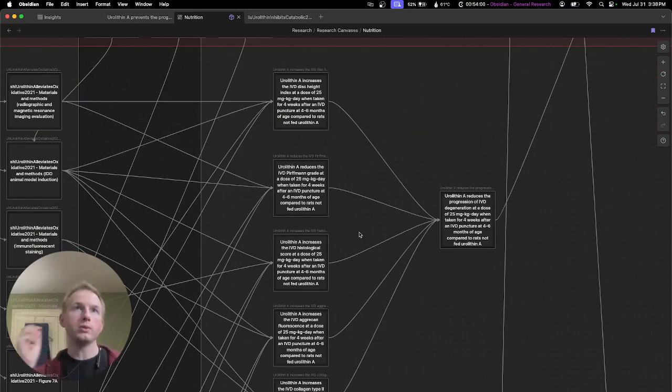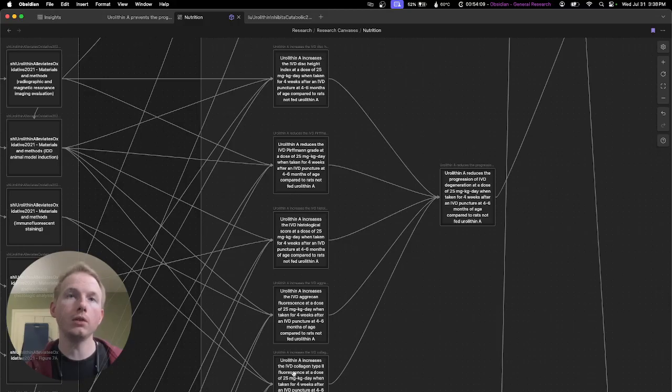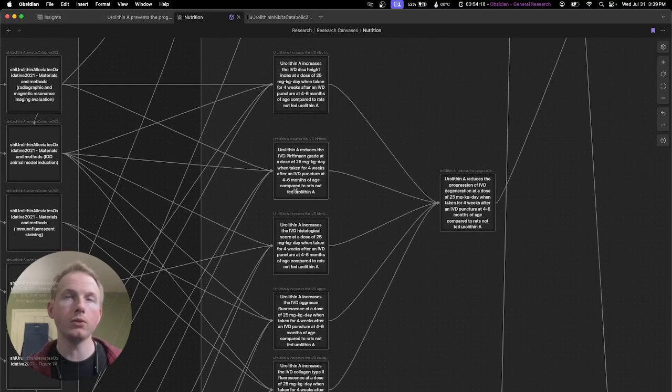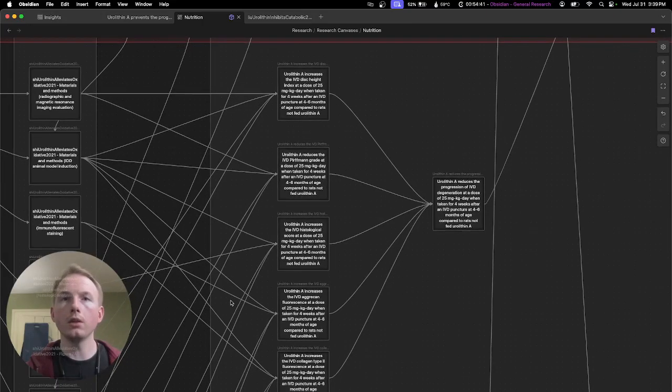Yeah, I think what makes the most sense is to group things, because all of these are markers of disc degeneration, or results related to disc degeneration, or IVD degeneration. So what I did was derive these insights and then group them together into one, because I'm not so concerned about the specifics, like disc height or collagen incorporation.